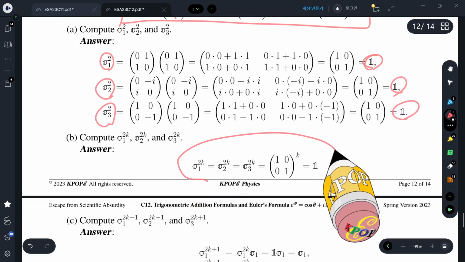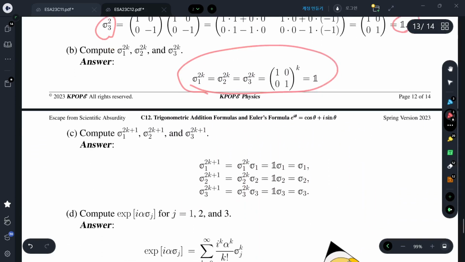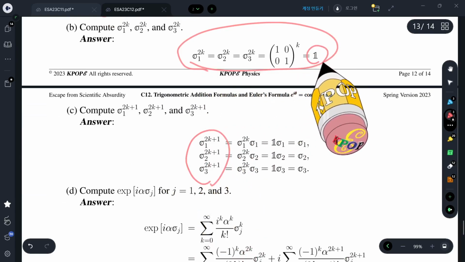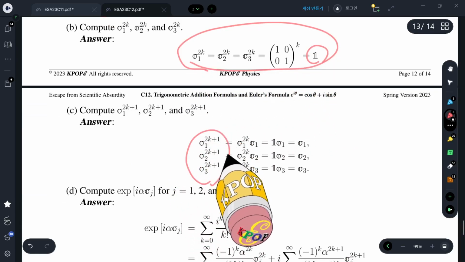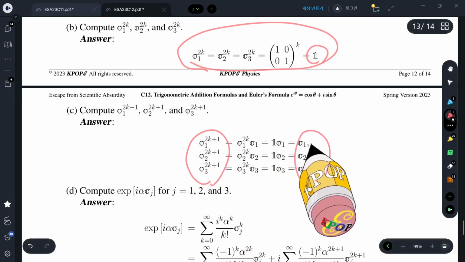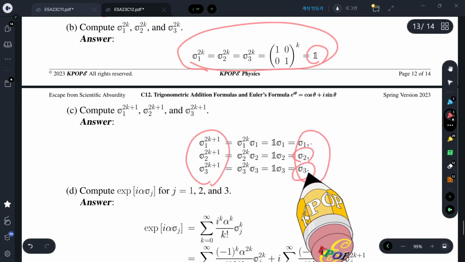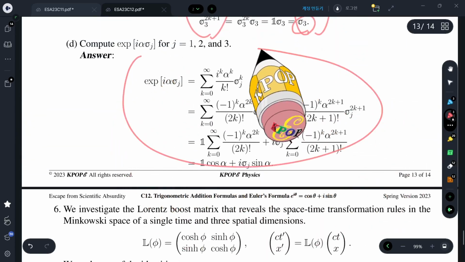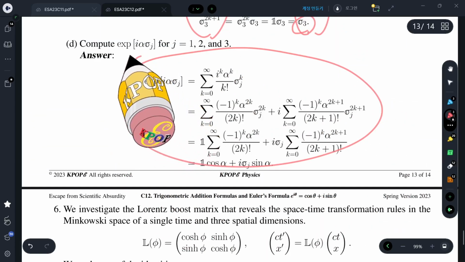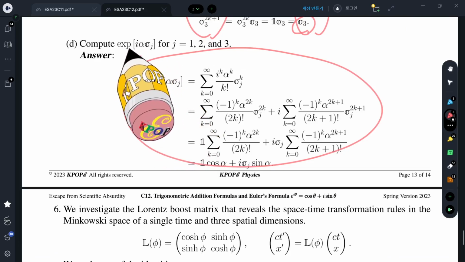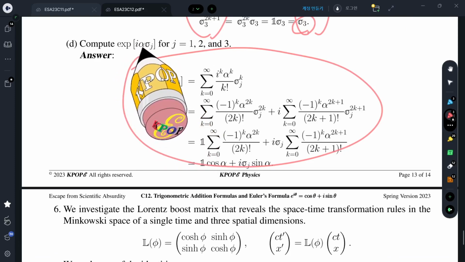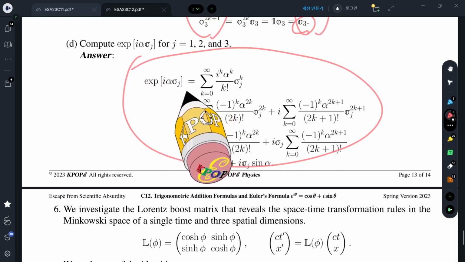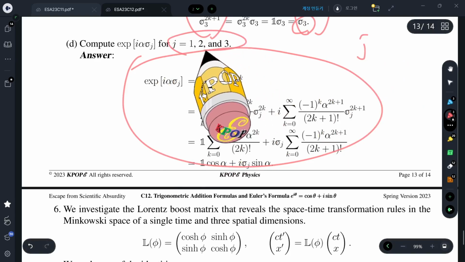Because of this special relationship, the even powers are always identity, and odd powers are just their single power. Because of that, we can make use of this kind of series expansion of the exponential of i times some real parameter and this sigma, where the index is 1, 2, 3 separately.